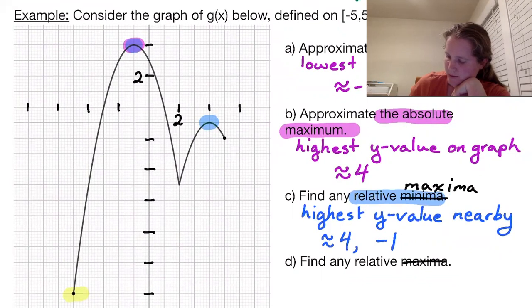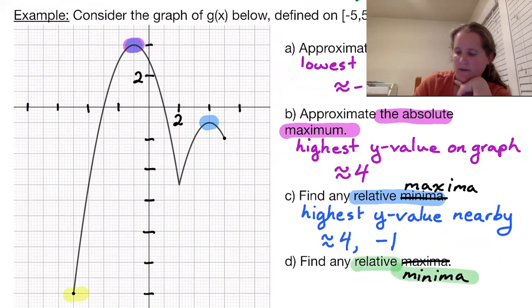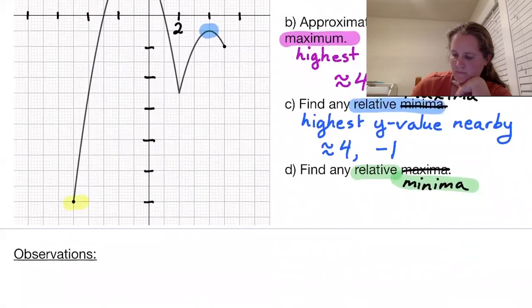And this one will do minima. So for relative minima, we're looking for the lowest point on the graph, or locally.